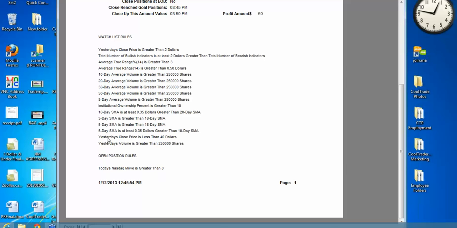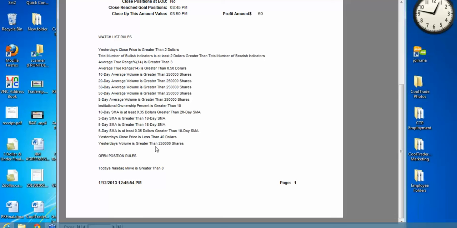My point to this is, can you imagine doing math on 8,000 symbols and determining which ones meet your criteria minute by minute? That's really the beauty of the system: it will apply these rules to all 8,000 stocks and tell you in 2 seconds which ones meet that criteria.